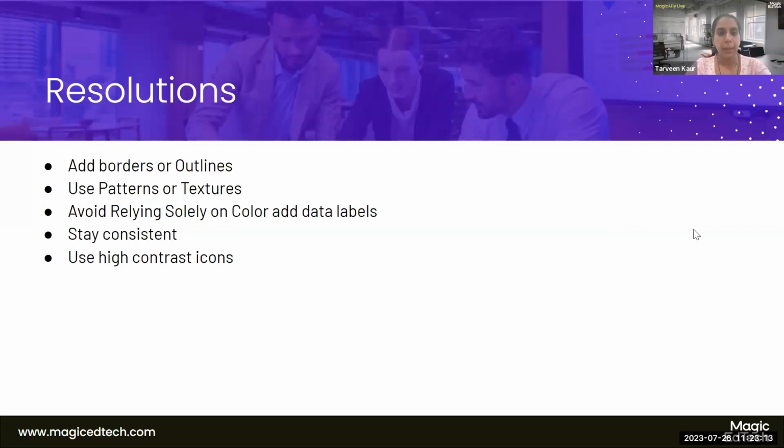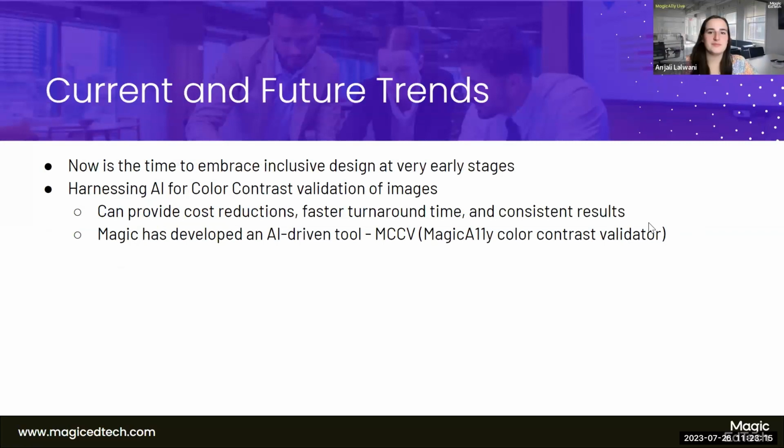Thank you, Erin. Absolutely. All right. Ladies, can you tell us about some current and future trends? Absolutely, we can. As we've already discussed, and as Tarveen referred to, we have been talking about the shift left mentality, and what's happening now is people are looking at their color palettes from a different perspective.